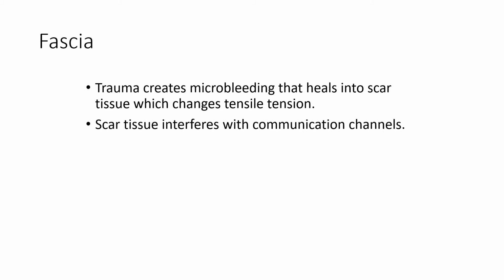Scar tissue interferes with communication channels, because remember we said that the fascia is a means of communication for the entire body, and if there's scar tissue in any part of it, it's affecting that communication channel and causes trigger points to develop. So I mentioned ischemia, and I said that ischemia was a lack of blood or nutrients to an area.